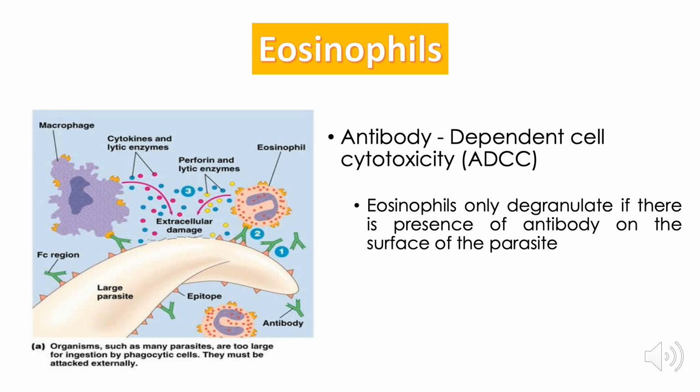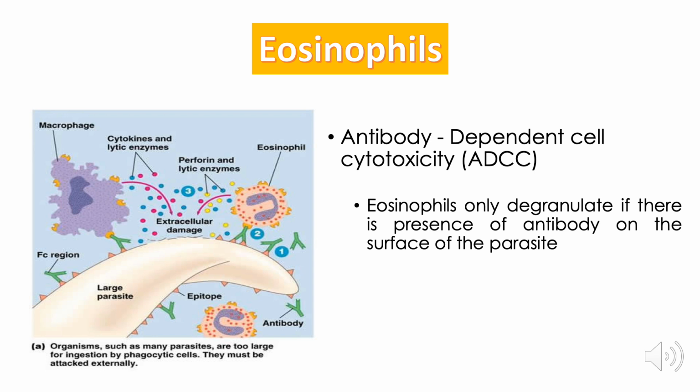of the antibodies, and the binding of the eosinophil to the antibodies will cause the eosinophil to degranulate and release the main content of its granules, which is what? Major basic protein. And this immune response is called ADCC.